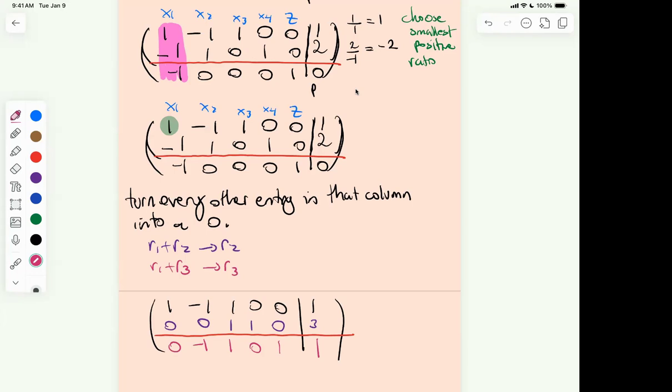Is that making sense? So far so good. Questions about this?